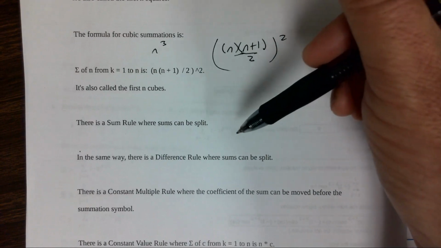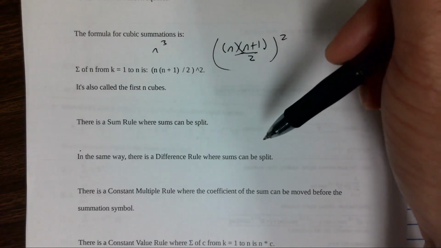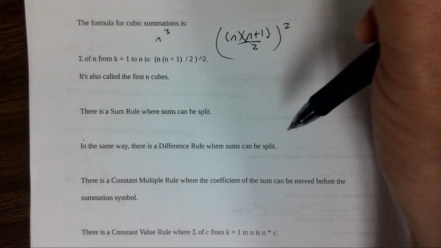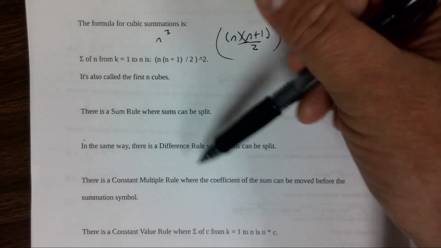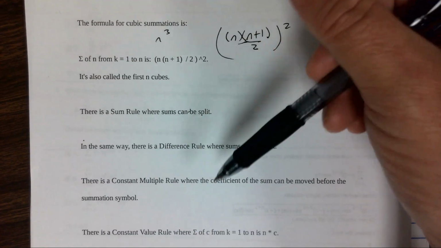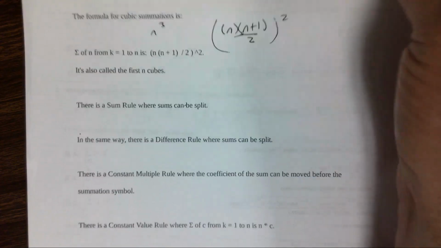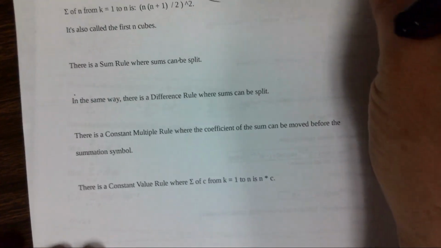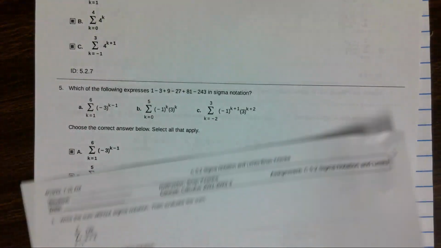There is a sum rule and a difference rule where the sums can be split. There's a constant multiple rule. This kind of reminds me of limits when we had different rules. There's also a constant rule where it's n times c. I guess that's it. Okay.